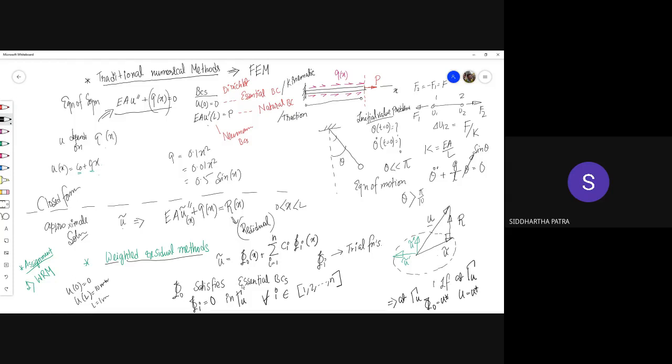Now, if such are the boundary conditions, then phi 0 should be such that phi 0 at 0 should be 0 and phi 0 at L should be 10 mm. And all phi i at 0 and phi i at L should also be equal to 0, because then both the ends are gamma u.